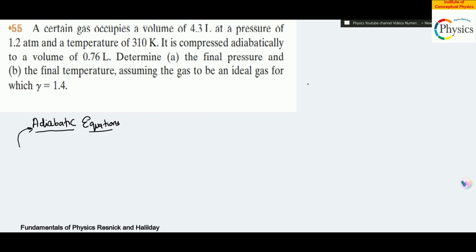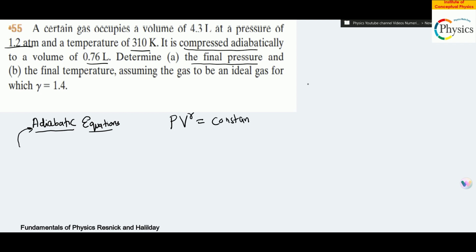So let's first understand, whenever you see a question of adiabatic process, in which you have volume, temperature, pressure, and stuff like that, all of this is given to you, right? What you're supposed to do is write basic equations. Number one equation: PV gamma is equal to constant.